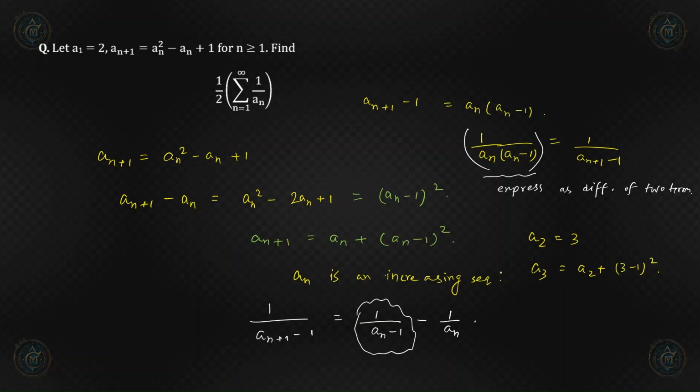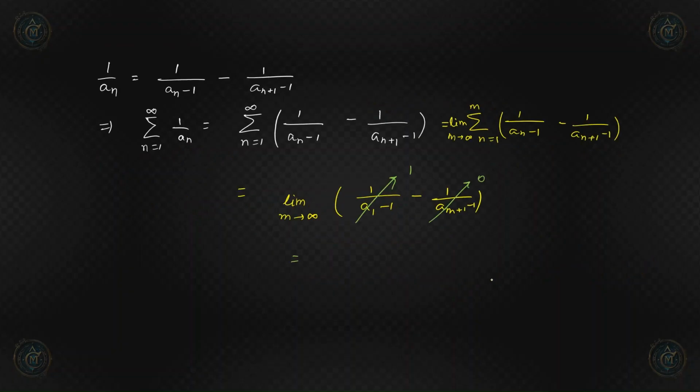So if n is tending to infinity, the terms will also tend to infinity, right? So if we take the reciprocal of the term a_{m+1}, when m tends to infinity, it will tend towards 0. So the limit will be 0. So we have 1. So we can say the summation n equal to 1 to infinity of 1 by a_n will be equal to 1.